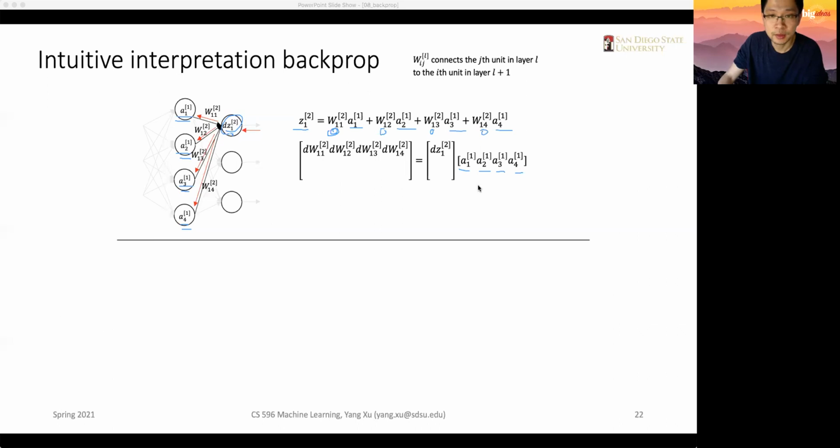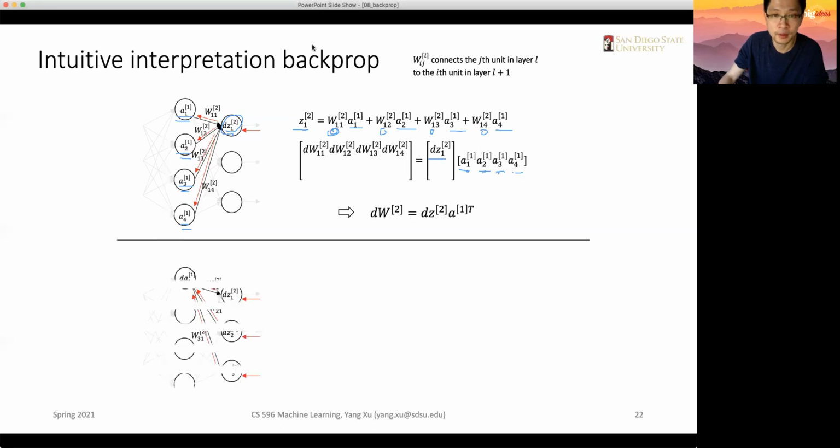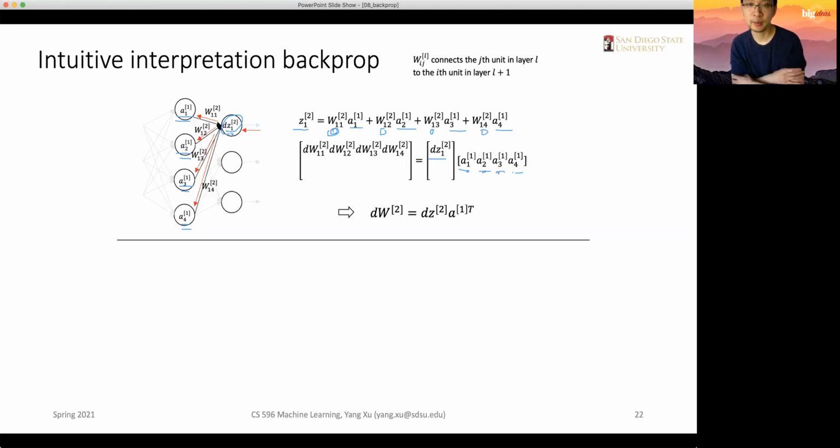So we use the gradients for Z1 and multiply those coefficients A1 to A4. That is where the formula for dW2 is from. That's why we transpose A1 and compute the multiplication between dZ and A transpose.